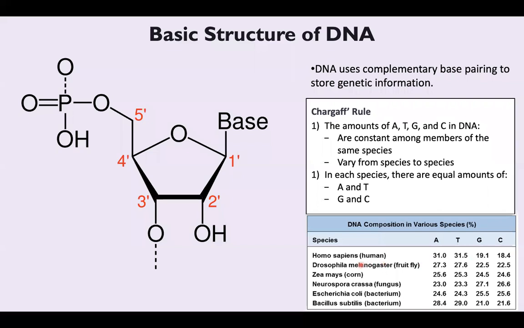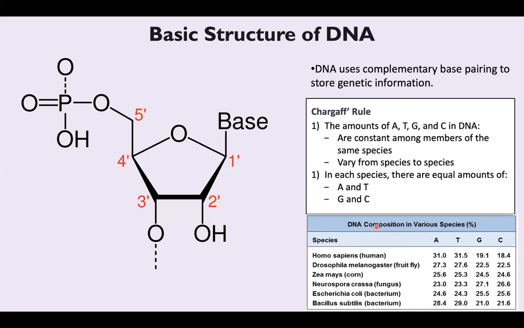Next is the Drosophila, the fruit fly. Its A and T are also about the same, and G and C are also about the same. The same goes for all the others: corn, fungus, bacteria. A and T have equal amounts of DNA composition, and G and C are of another equal amount.